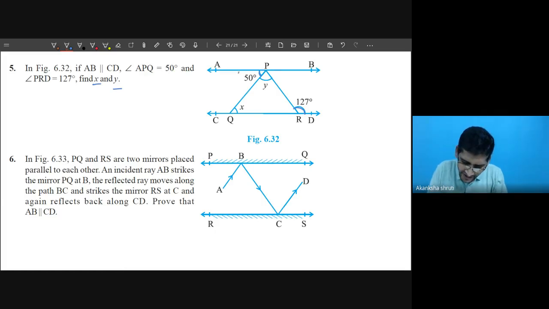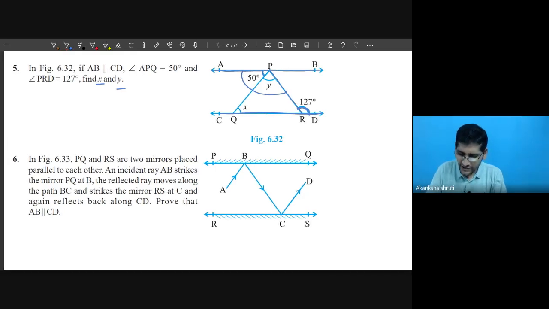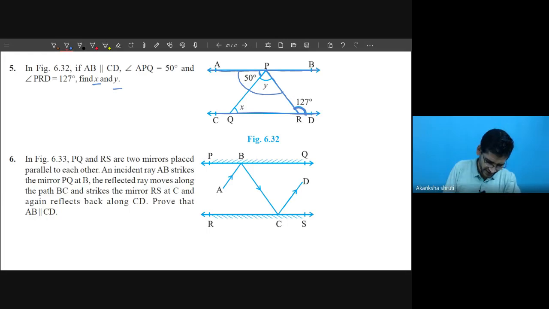If you consider this angle and this angle, considering AB parallel to CD and PR as transversal, observe whatever I have highlighted. So write down this solution.